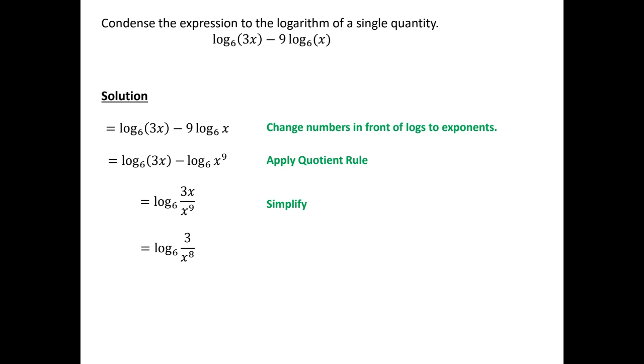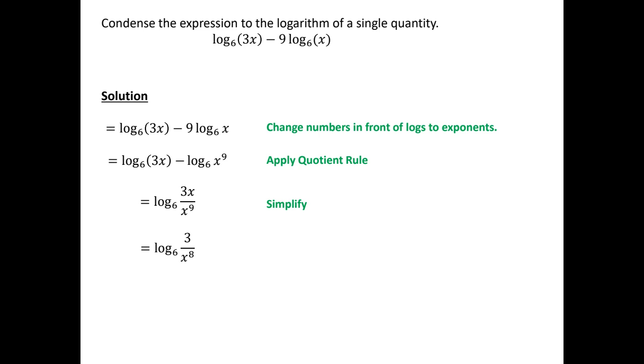I'm going to apply my exponent rule. When I have two terms with the same base that are being divided, I'm going to subtract the exponents. So 1 minus 9 is a -9, but that's a negative exponent. Sorry, 1 minus 9 is -8, but -8 on the top becomes an 8 on the bottom. So this is 3 over x to the 8th power.